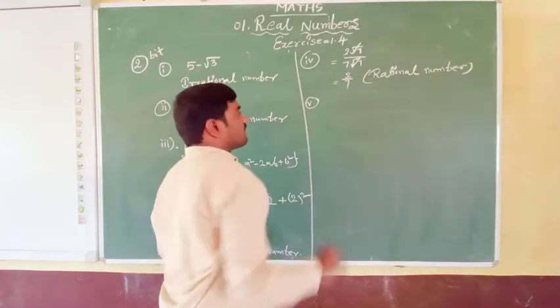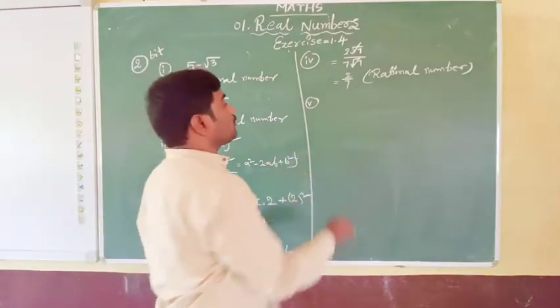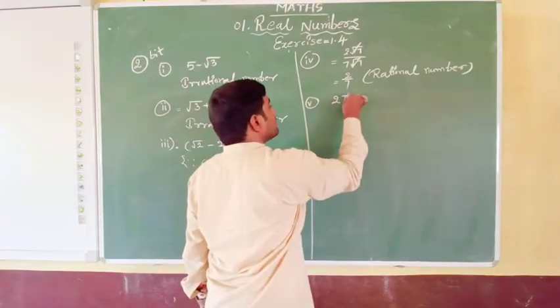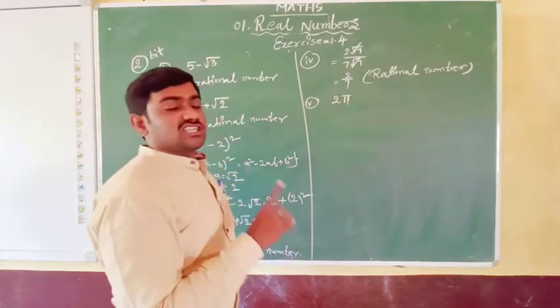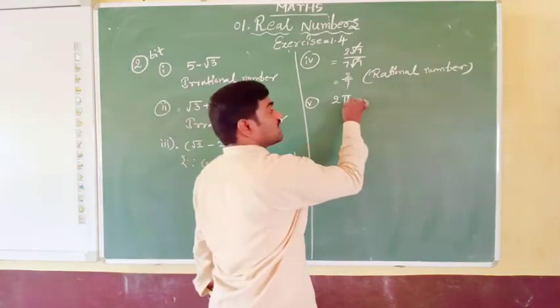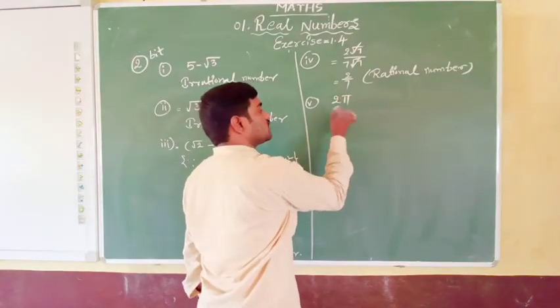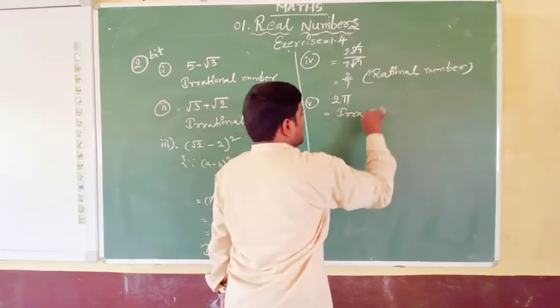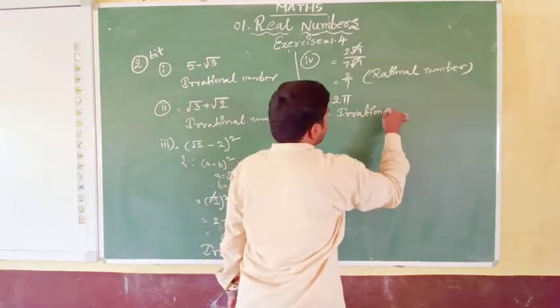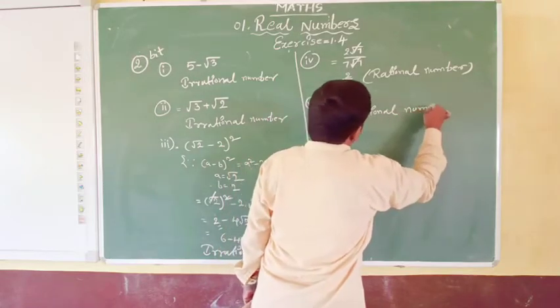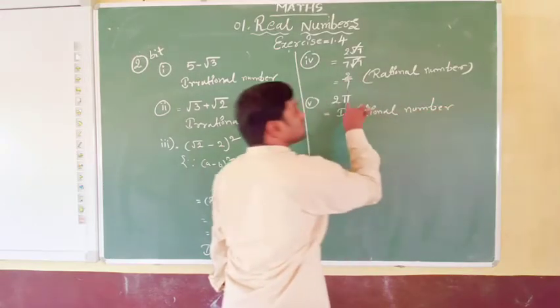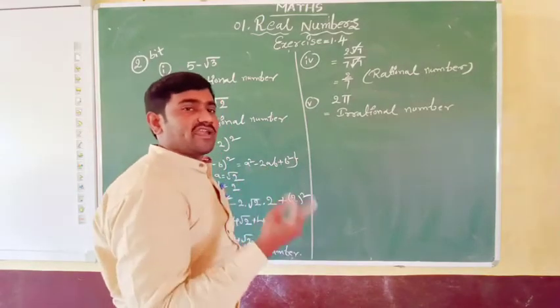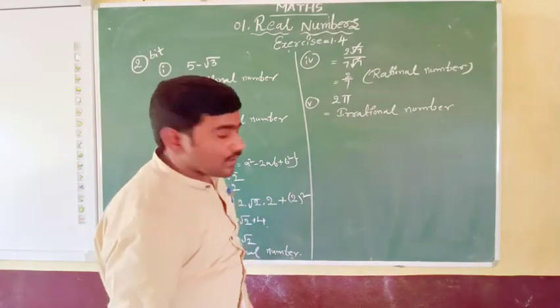Then the fifth one, 2 pi. 2 into pi. Pi is itself an irrational number. Pi is always an irrational number. 2 times pi also will give an irrational number only.